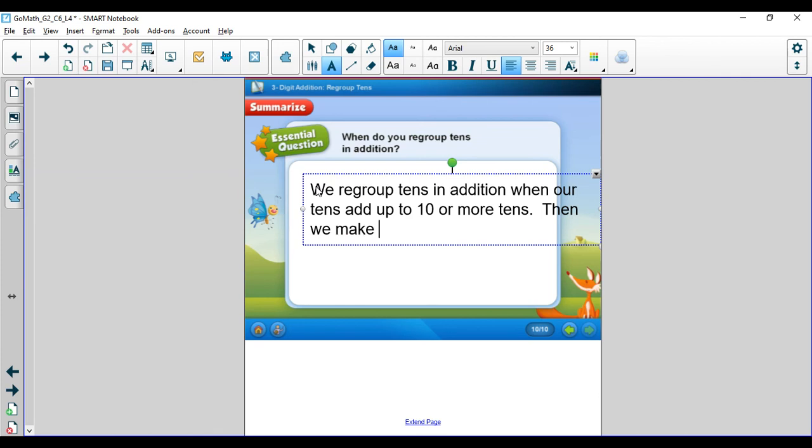Then we make 100. So when we add our tens column and our tens add up to 10 or more, we need to move that group of 10 tens to the hundreds place.